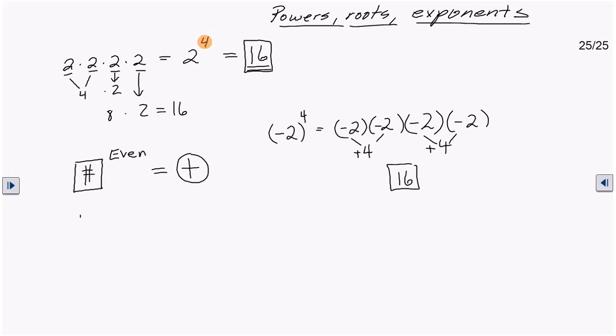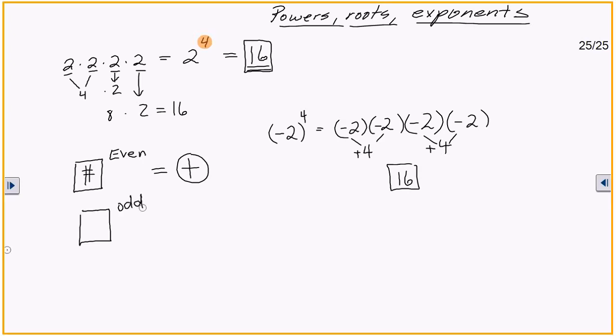Any number raised to an odd power will give you the same sign as that number. So if this is a positive and it's raised to an odd power, you're going to get a positive. If it's a negative and you raise it to an odd power, you're going to get a negative.